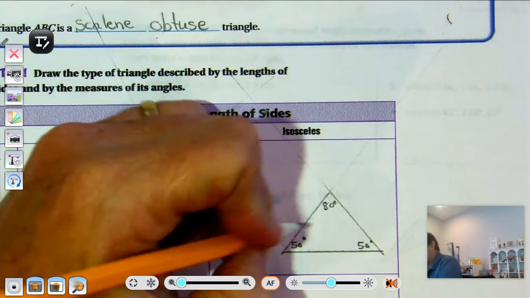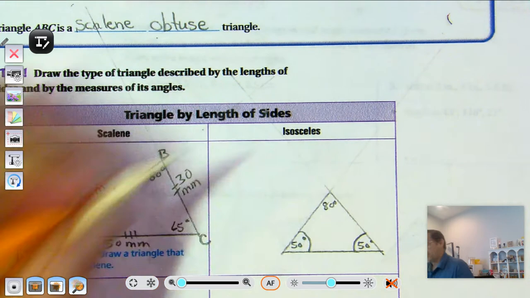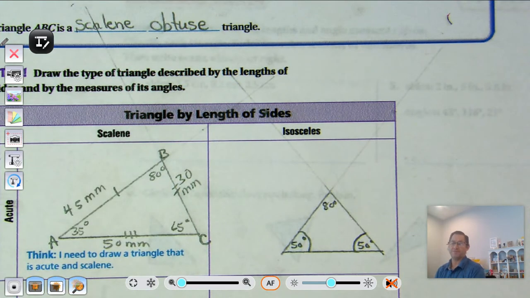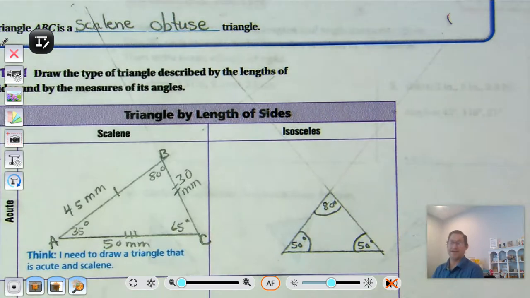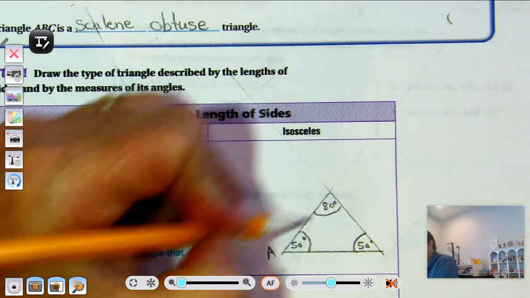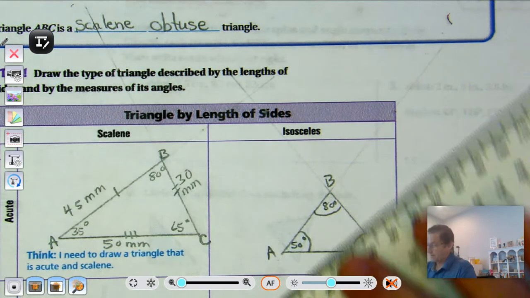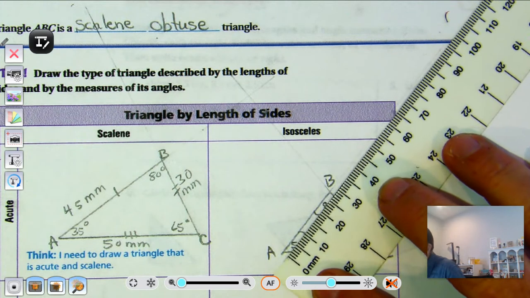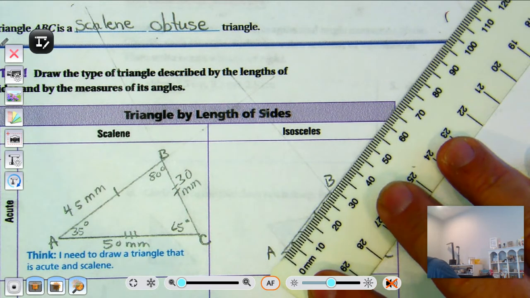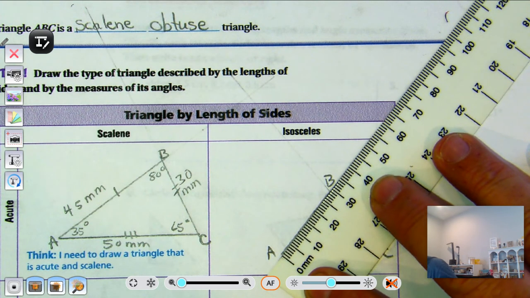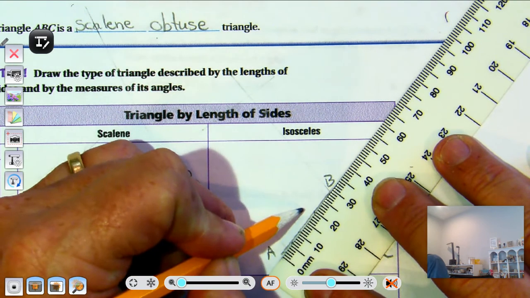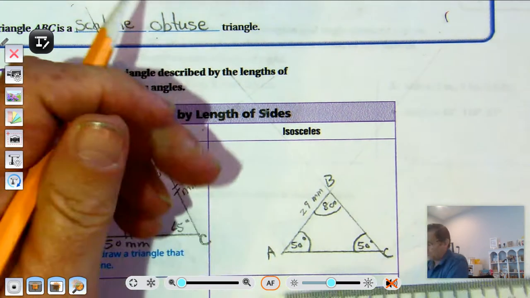Okay, so right now I know that those two are equivalent. They're 50 degrees, or I'm sorry, we're drawing an acute triangle, so all three angles are less than 90, and we want two of the sides to have the same measure. So again, let's go A, B, C. The measure of line AB is 29, maybe 30 millimeters.